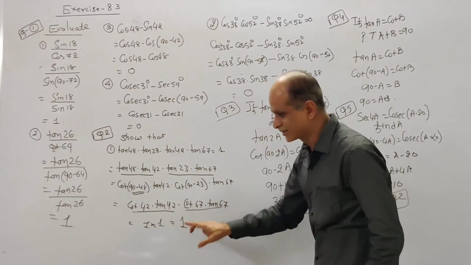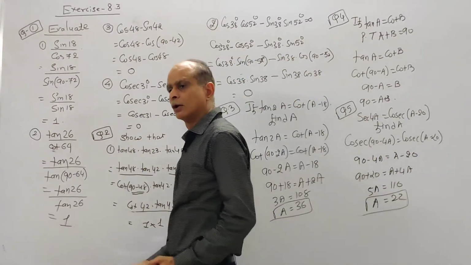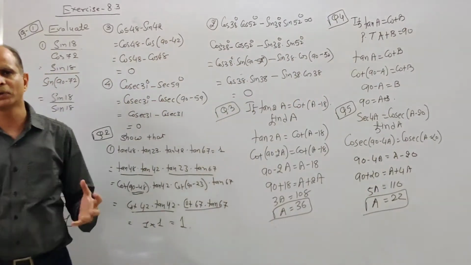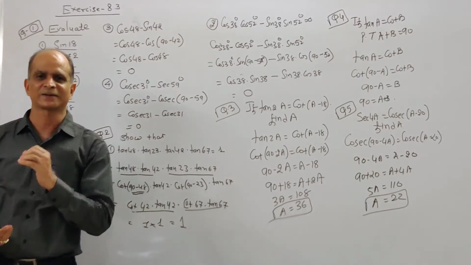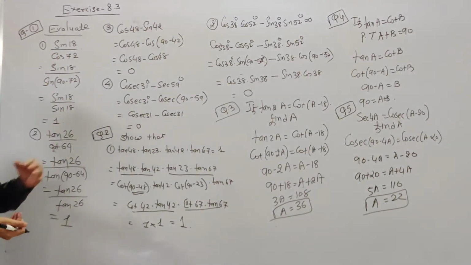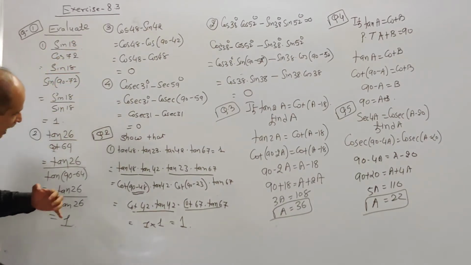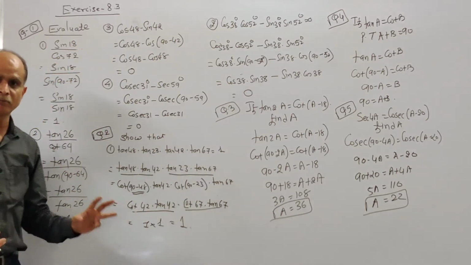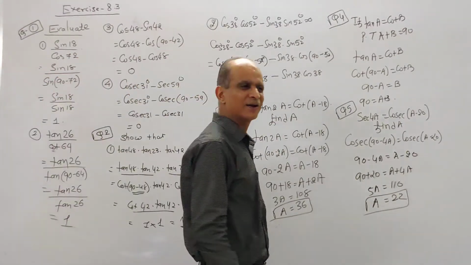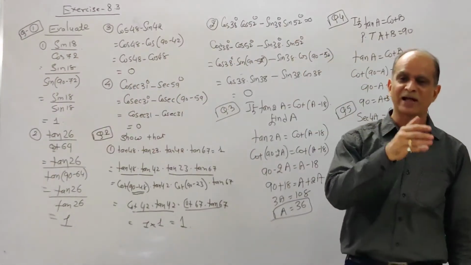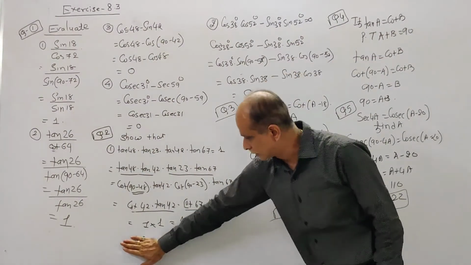So 1 into 1 is equal to 1. So these examples are nothing but the different use of different formulas. Along with formula number 11, I have used formula number 3, that is tan theta into cot theta is equal to 1, or you can say cot theta into tan theta is equal to 1, to solve this example.